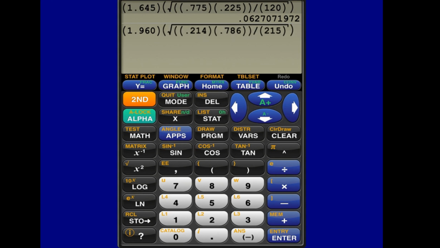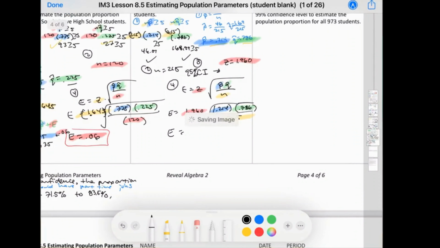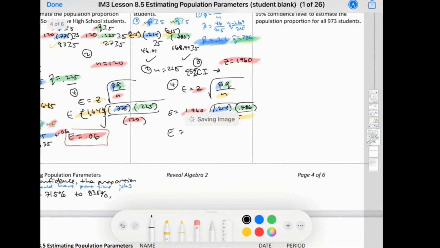And I'm going for the home run. The home run is putting my whole formula in all at once. You could do 1.960 multiplied by some number, but the home run is let the calculator do all that. The only issue you're going to run into is your notation of putting it into your calculator. That's why I'm using extra sets of parentheses. All right. 0.055.